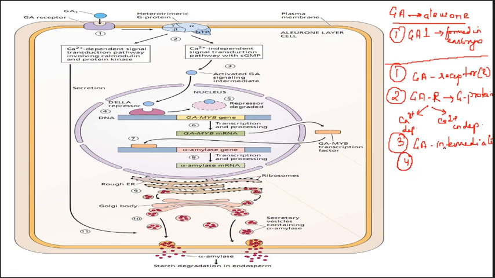This GA signaling intermediate binds to DELLA. So the intermediate reaches the nucleus, and inside the nucleus, first is DELLA binding and degradation.